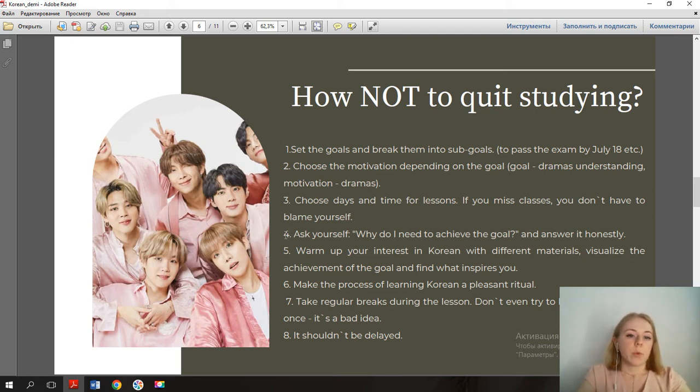The fourth one is ask yourself, why do I need to achieve the goal? And answer it honestly. Honestly is the most important word. If you don't answer this question, you wouldn't understand why you are studying.